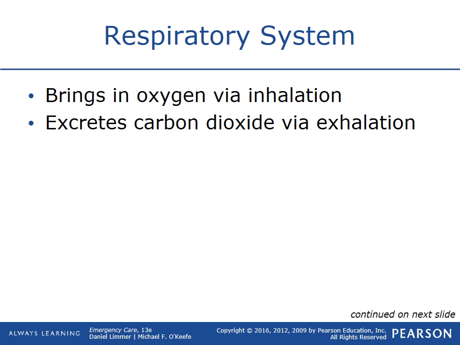We only use about 4% of that because 16% is exhaled when we exhale the carbon dioxide. We also keep a certain amount of carbon dioxide in our body. That gives us the stimulus to breathe. We usually keep about 35 to 45 millimeters of mercury, they call it, that circulates through our system.